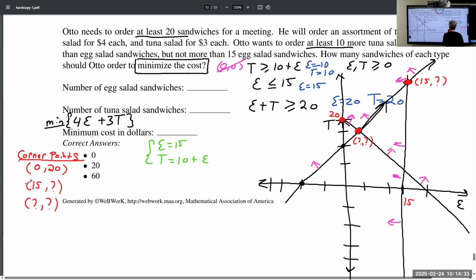So it looks like t equals 10 plus 15, which is 25. And now I know that. I figured out where that is.